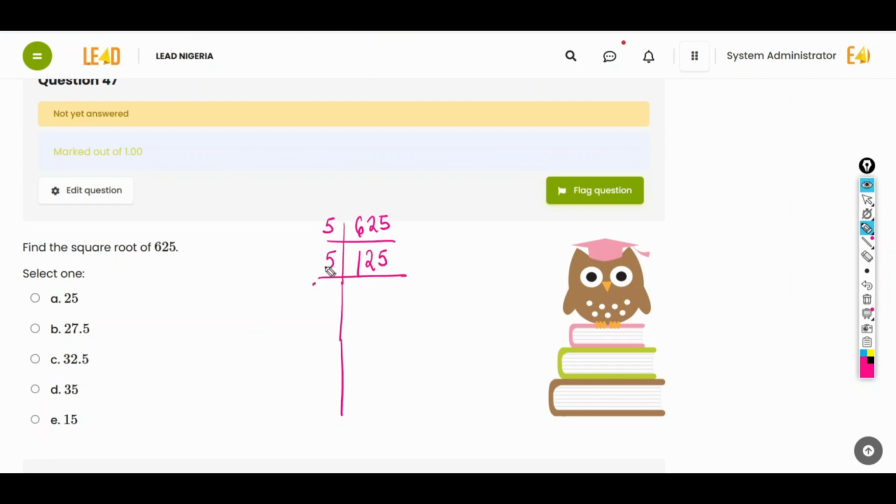We can use 5 again, which gives 25. We can use 5 again, would have 5. We can use 5 finally and would have 1. Since we're doing square root, we do the prime factorization, then pick them out in pairs. So we have 5 here and 5 here. The square root is just the product. 5 times 5 is 25.